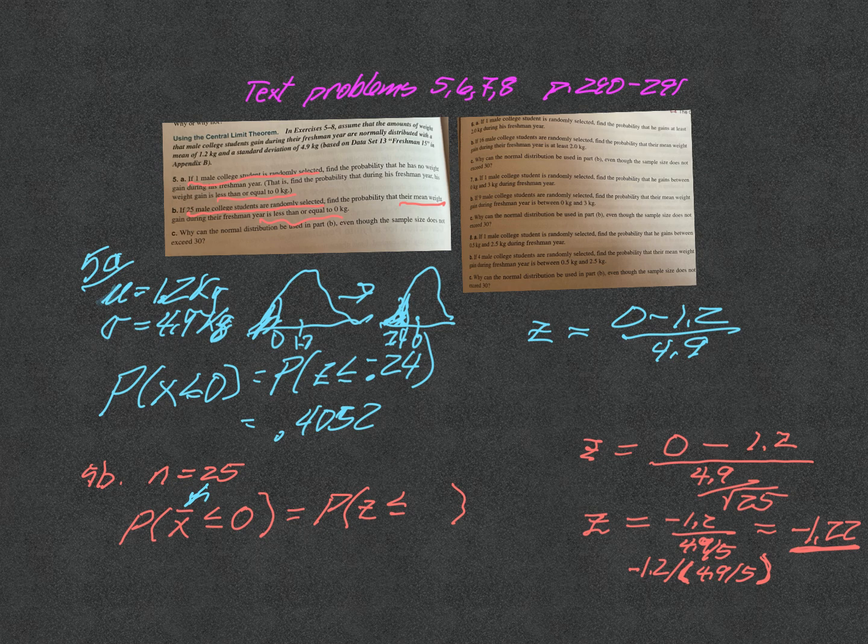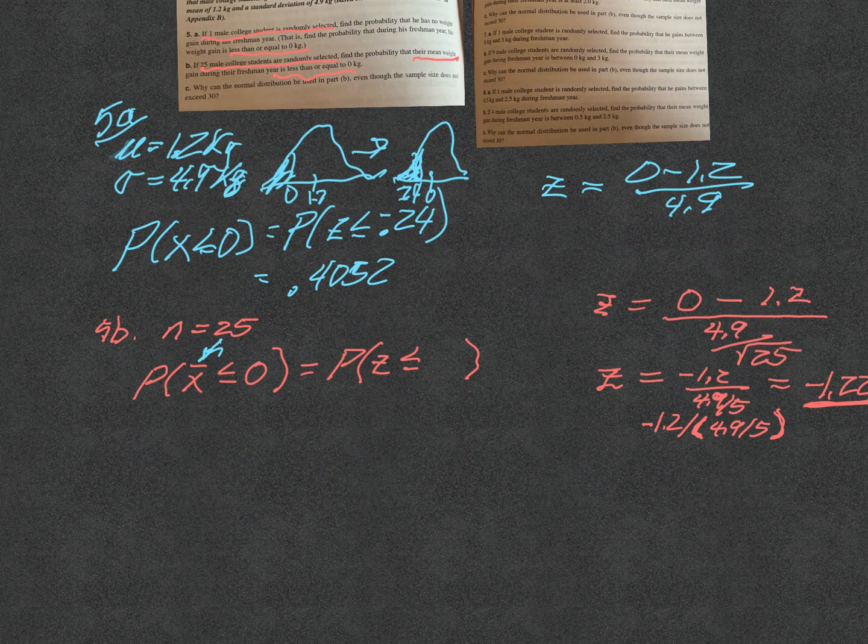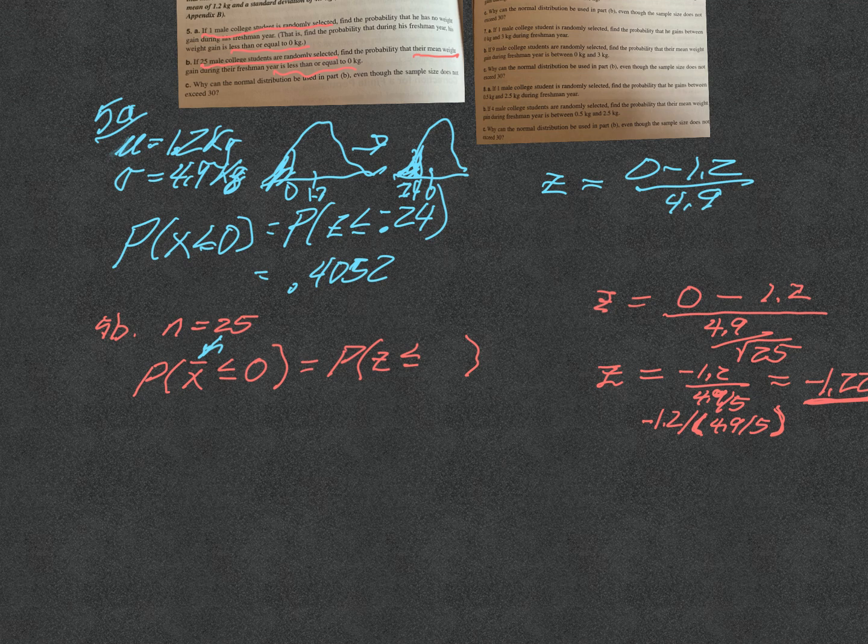All right. Once we've done this, we have our z value, which is negative 1.22. Now we can put that on the probability chart here.